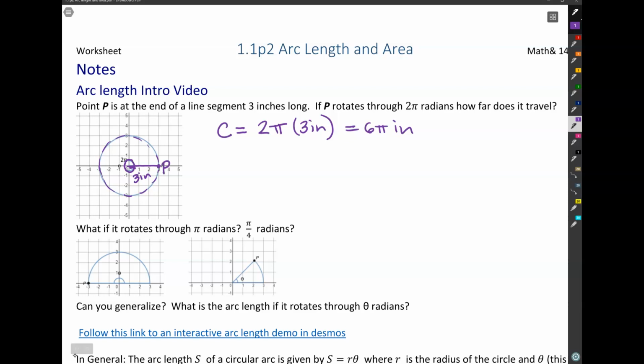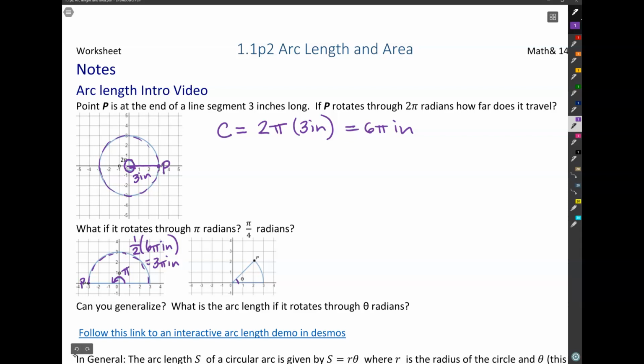And then to find arc lengths on a smaller portion of the circle, we really just need to know what fraction of the circle that is. Just for a couple of examples, if we rotate through pi radians, then our point P travels halfway around the circle, which is half of 6 pi inches. So 3 pi inches.